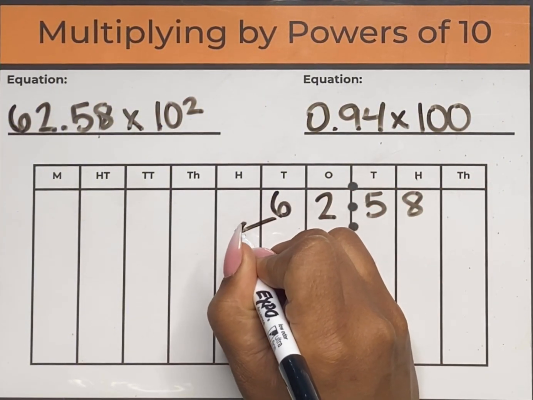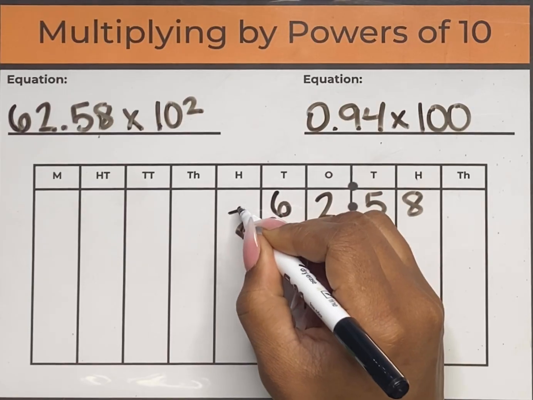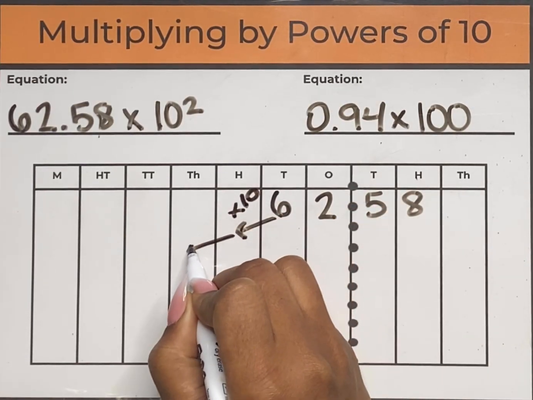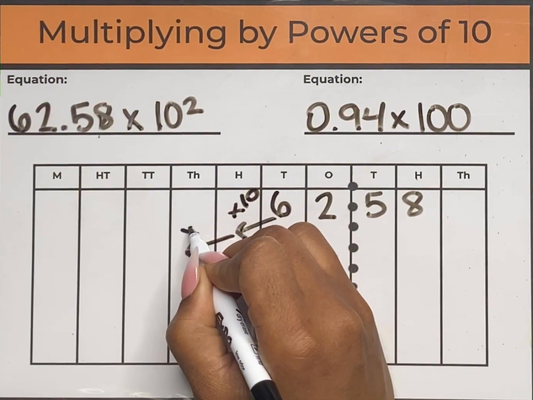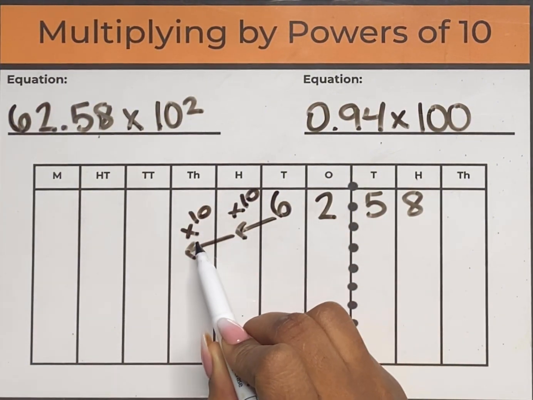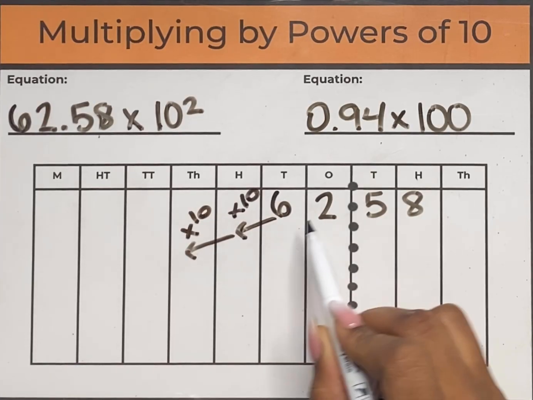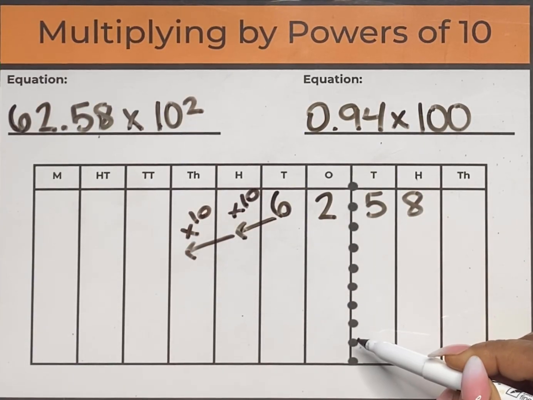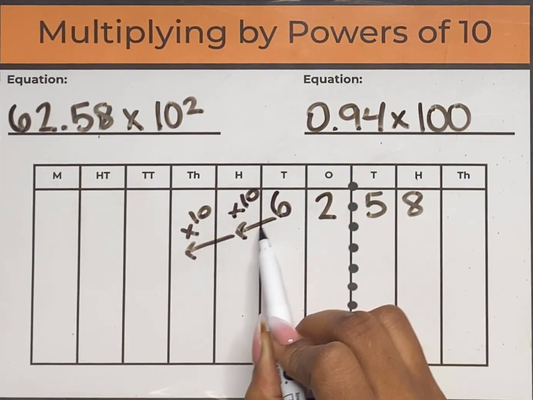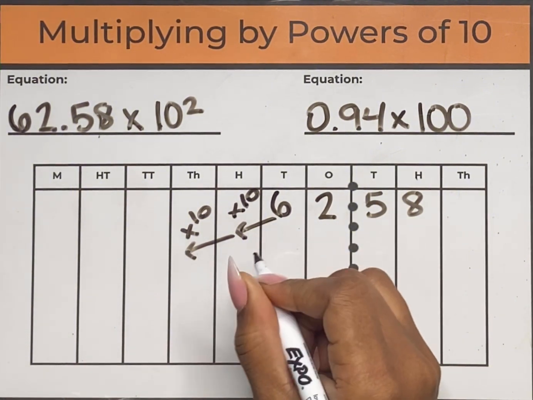So that's 1 shift forward times 10. And then we're going to go another shift forward. We are shifting the digit. We're not moving the decimal. We are digit shifting.